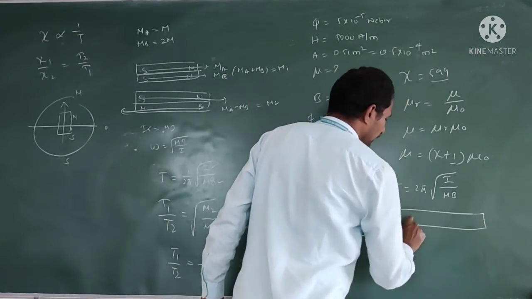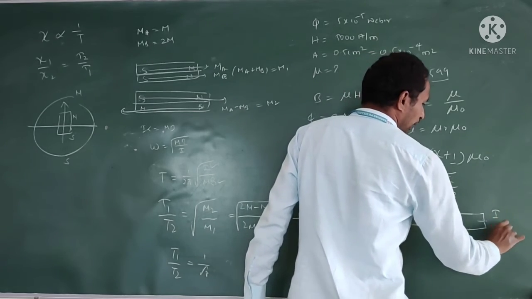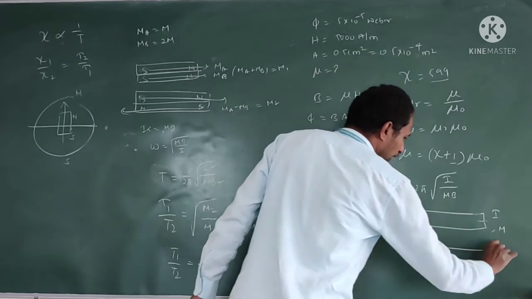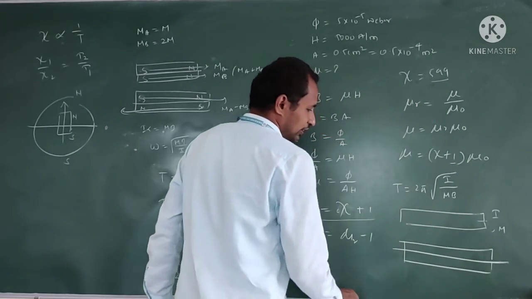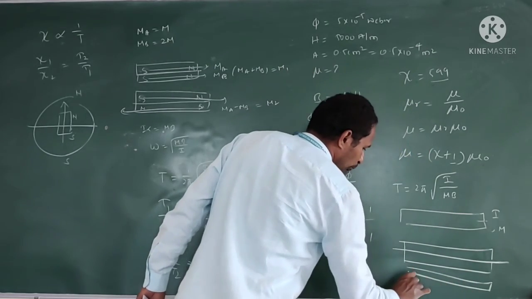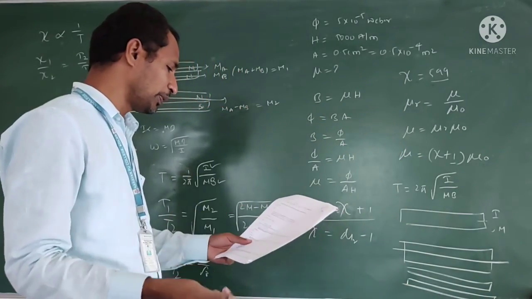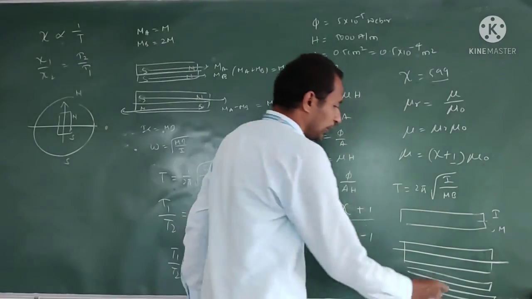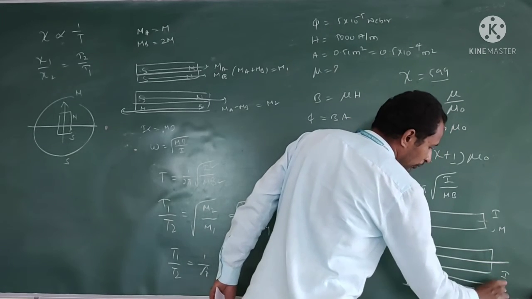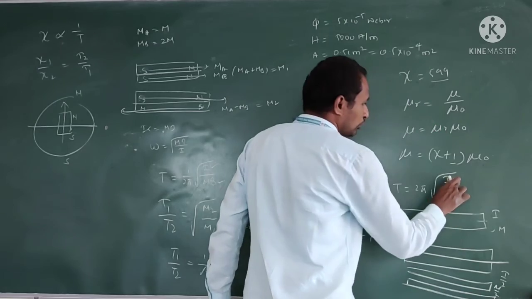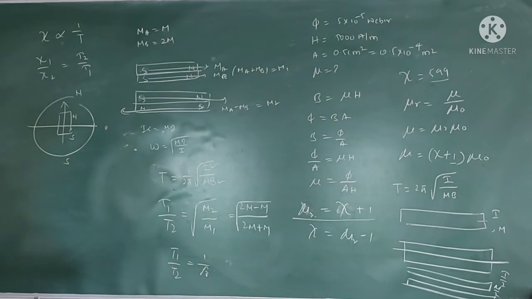This is the bar magnet, with moment of inertia I and magnetic moment M. If they make a horizontal cut along its axis, it will become two pieces. Now each individual piece: when I cut uniformly, I becomes I by 2 and M becomes M by 2. So I by 2 and M by 2, the 2s cancel, and the time period remains constant.